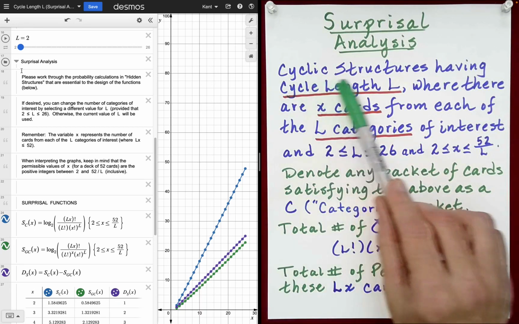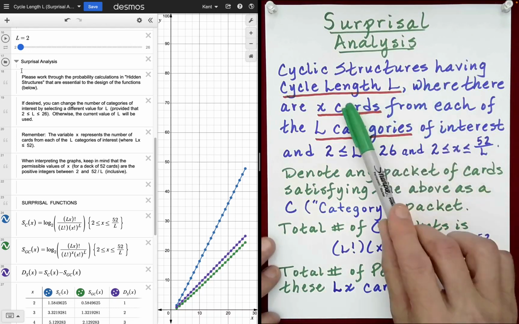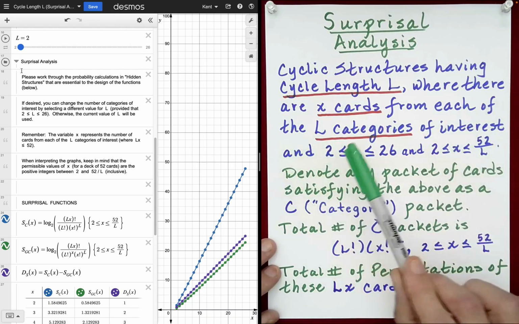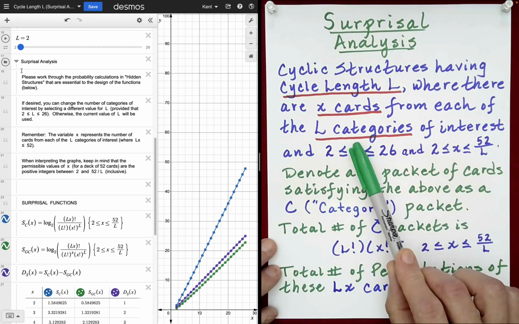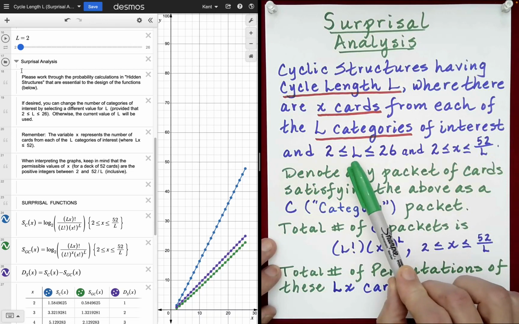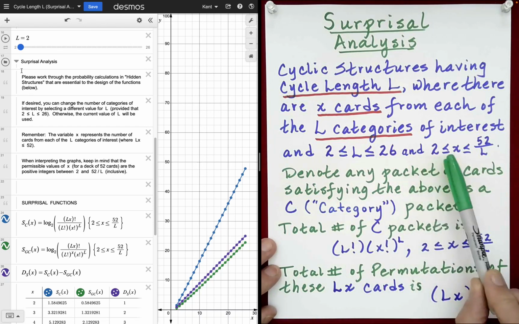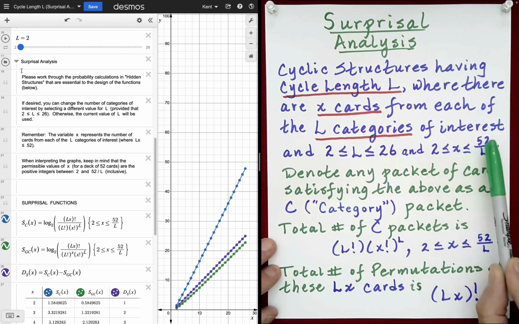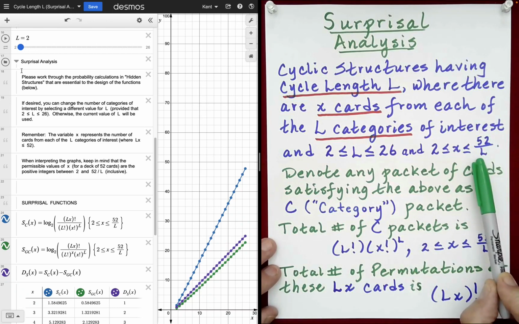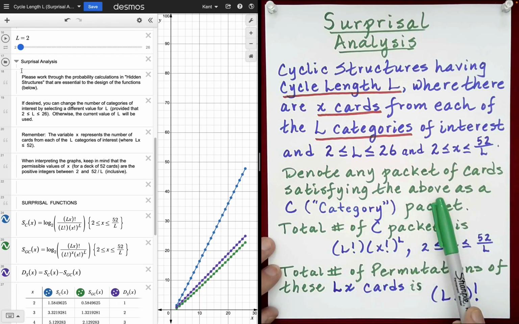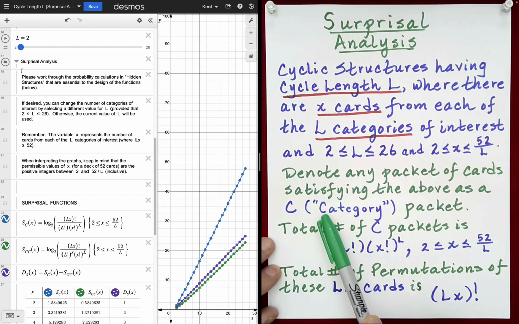So we're looking at cycle structures having cycle length L, where there are x cards from each of the L categories of interest. And L falls between 2 and 26 inclusive, and x is any positive integer between 2 and 52 divided by L. We'll denote any packet of cards satisfying the above as a C packet, C standing for category.